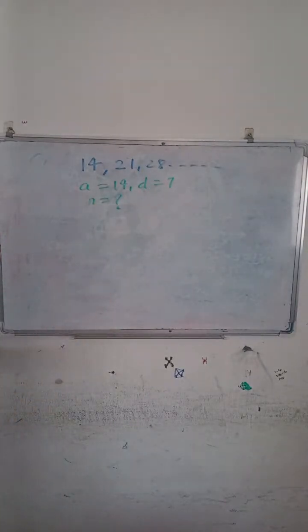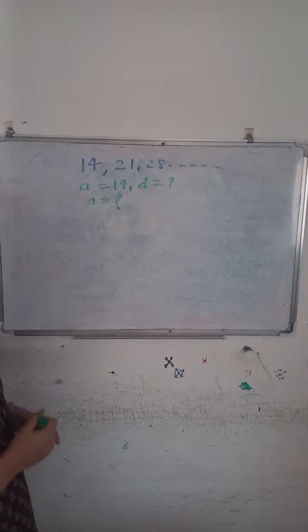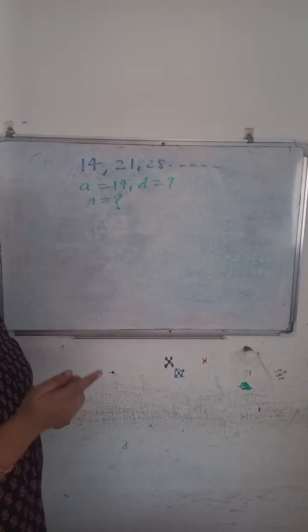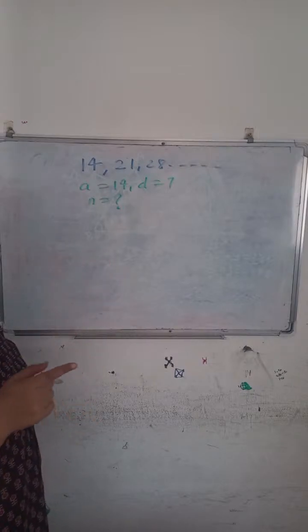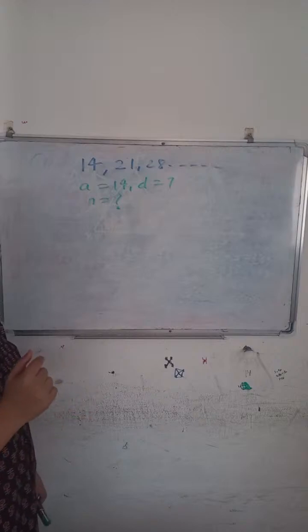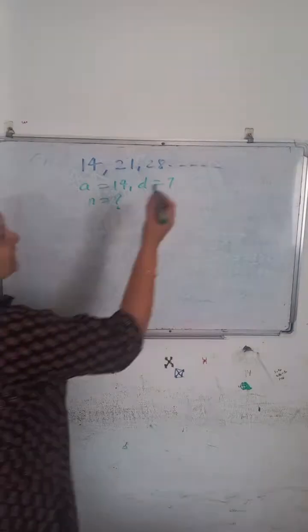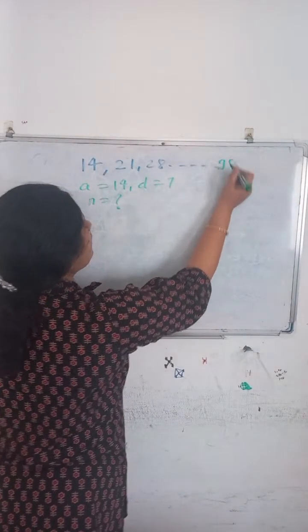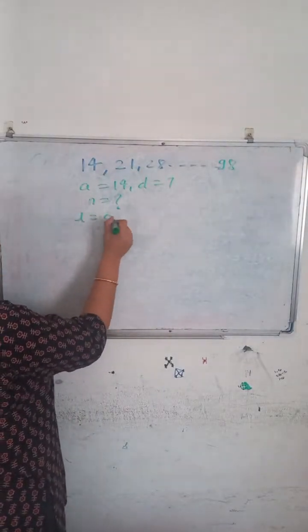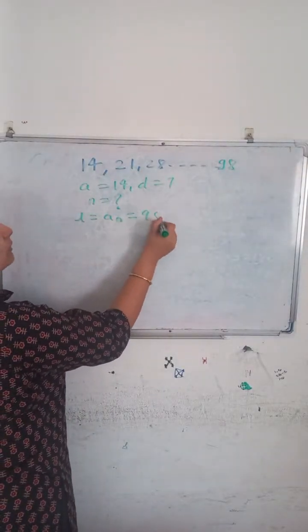n here. And since it is a two-digit number, the last number we will also get. No, 100 is not divisible by 7. Then if we take 99, that is also not divisible. Then if we take 98, then 98 is divisible by 7. So here the last term, or we can say that an is equal to 98.